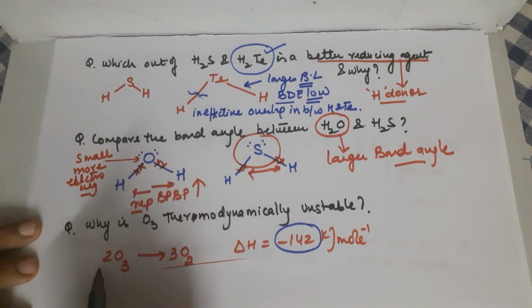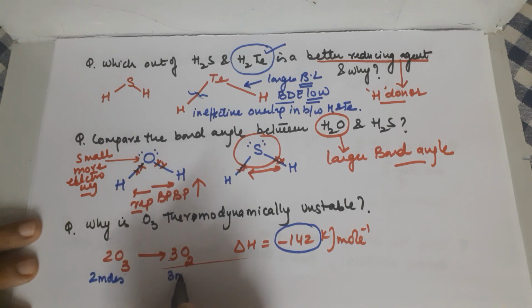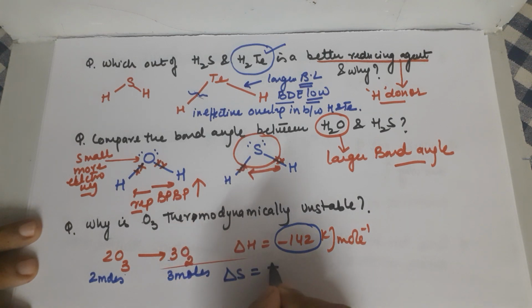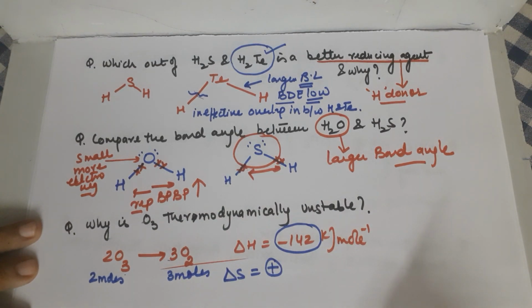Also, as you can see, here you have 2 moles, here you have 3 moles, therefore delta S is positive. What is delta S? This is entropy, which measures the randomness, which means the movement.